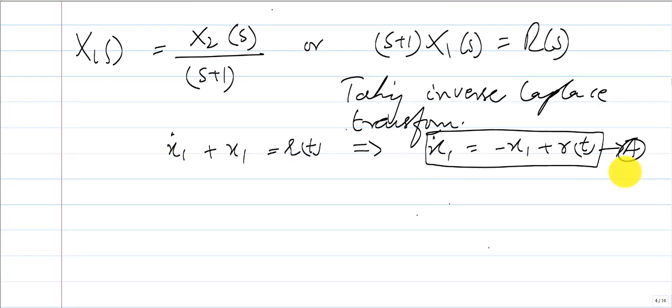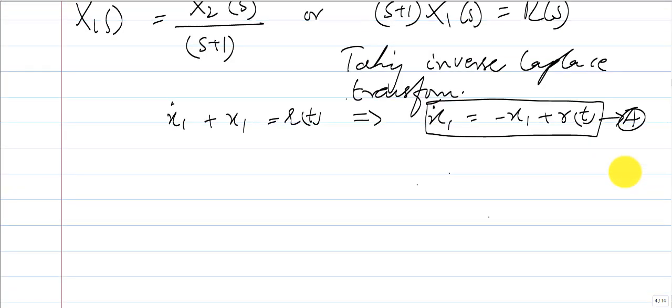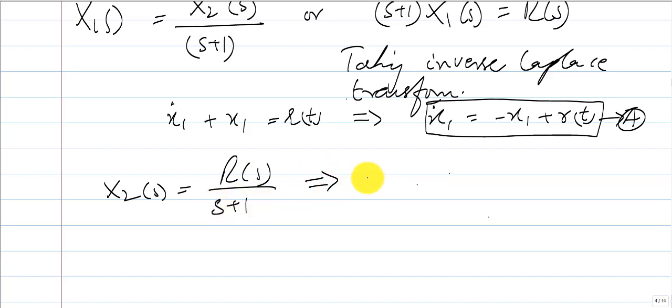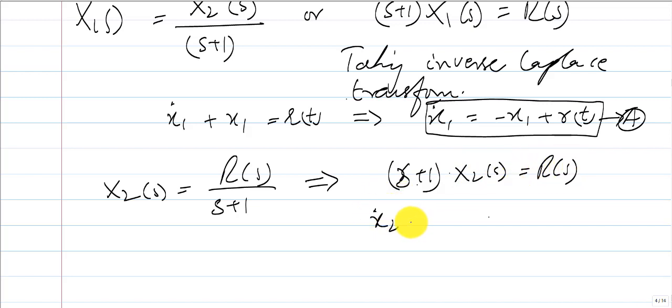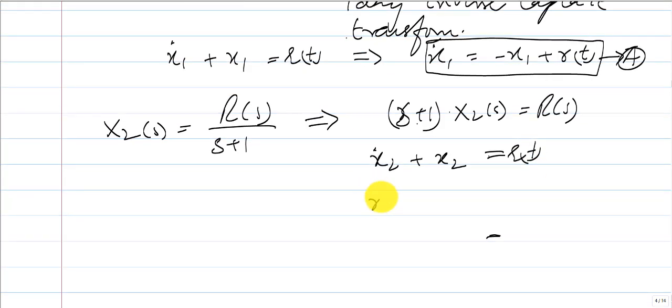From the second equation, X2 of s is equal to R of s over s plus 1. So that can be written as s plus 1 into X2 of s is equal to R of s. Taking the inverse Laplace transform, it will be X2 dot plus X2 is equal to R of t, or we can write it as X2 dot is equal to minus X2 plus R of t.